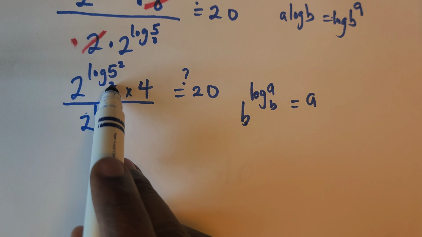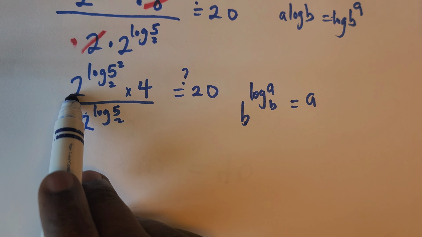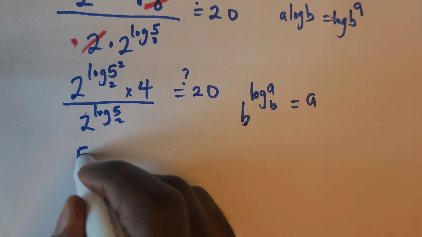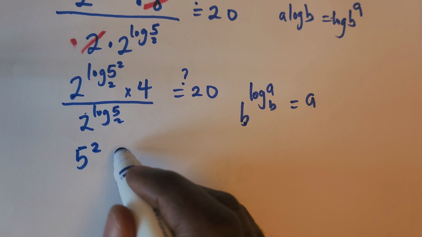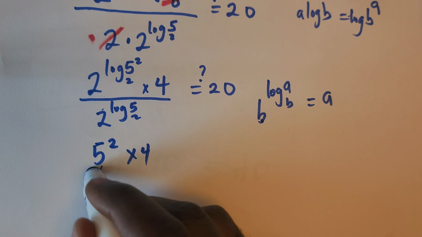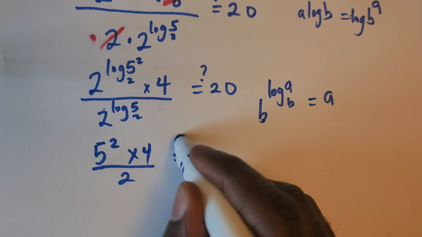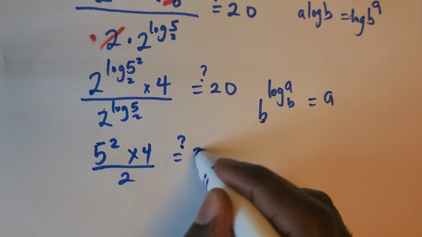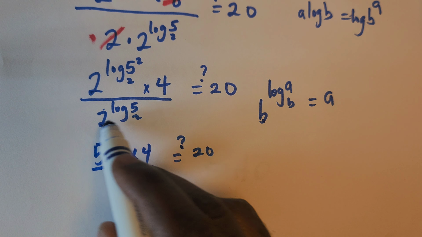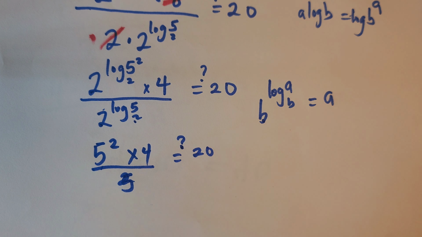You can see that the base of the log here is equal to the base of the exponent, which is 2. So my answer is going to be 5 squared multiplied by 4, divided by 5.